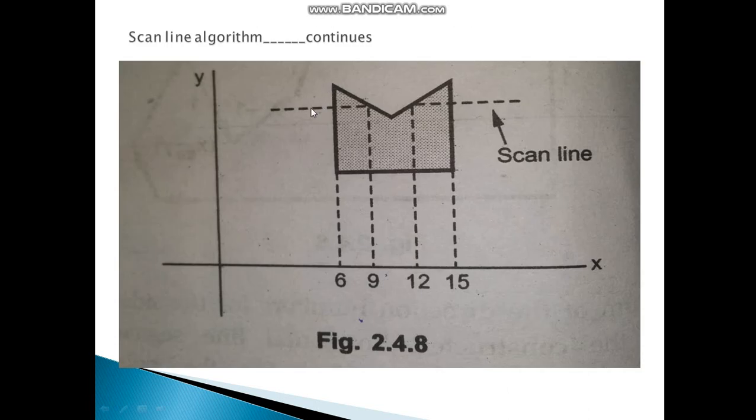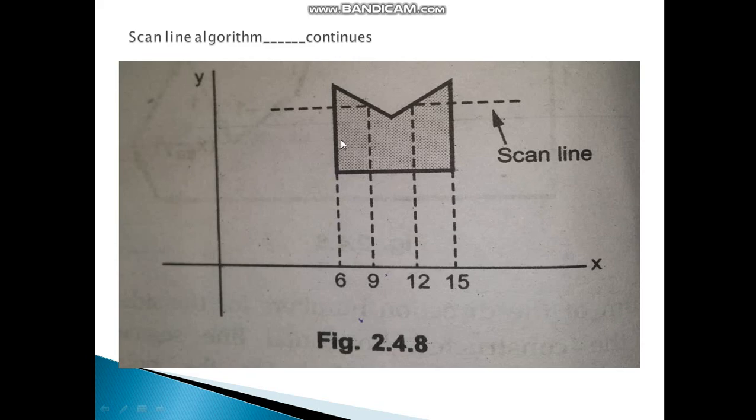Here is the first scanline. This scanline finds the largest y value and the minimum y value. Suppose here is the y max and this is the y min value. After finding the y max value, it scans from y max to y min.